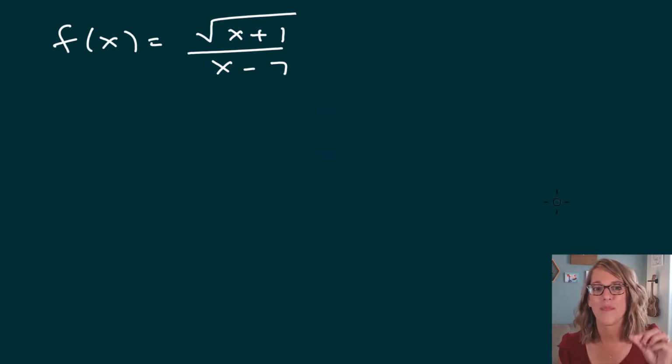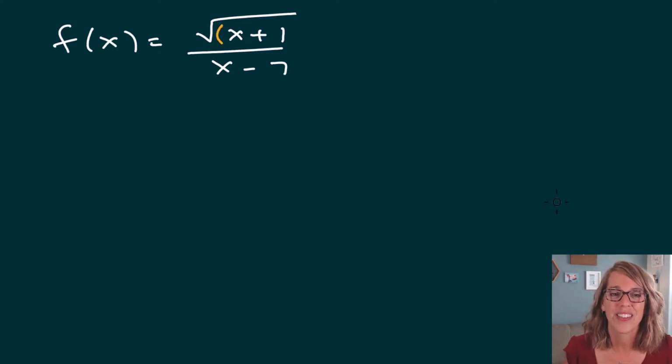Okay, let's do one more. In this next one, I have both a square root and a polynomial in my denominator. I've got two domain restrictions. My final domain is going to be all the x's that work for everybody. I don't want to make the denominator 0, and I want to make sure that inside that square root is either positive or 0. Let's go ahead and start with the radicand. What's inside that square root?